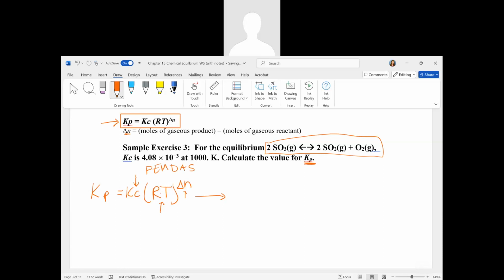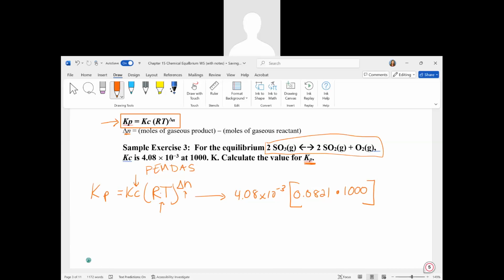So step one, let's plug in these values and then follow the order of operations to get our right value. So here's my Kc at 1,000 Kelvin, times 0.0821, we can shorten it to, times my temperature, 1,000 Kelvin, raised to my change in moles.